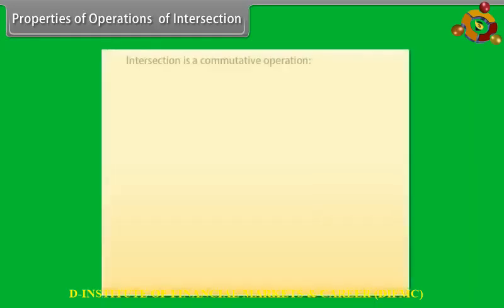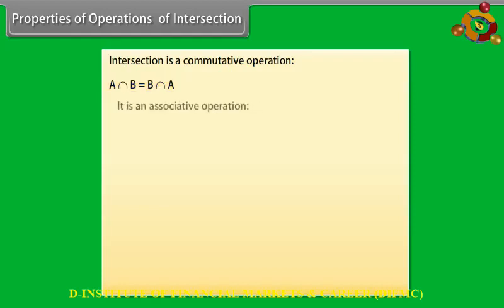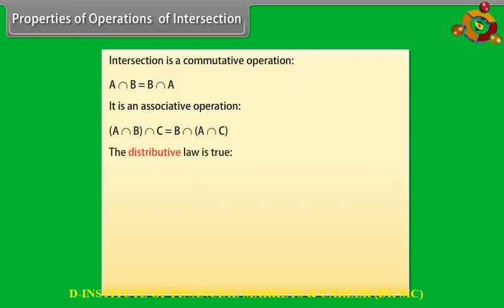Properties of operations of intersection. Intersection is a commutative operation. A intersection B is equal to B intersection A. It is an associative operation. A intersection B intersection C is equal to B intersection A intersection C. The distributive law is true.